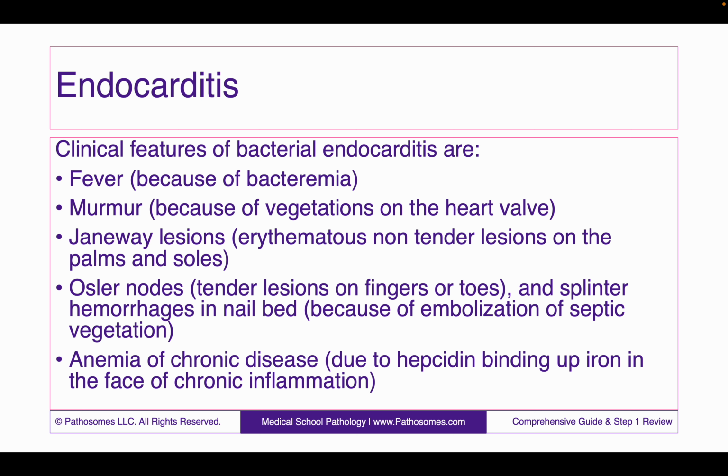Now, clinical features of bacterial endocarditis include fever, murmur, Janeway lesions, which are erythematous non-tender lesions on the palms and soles, Osler nodes, which are tender lesions on the fingers and toes, and splinter hemorrhages in the nail bed, as well as anemia of chronic disease.